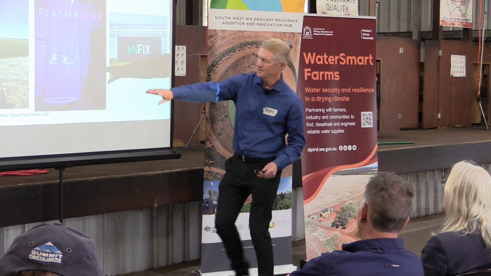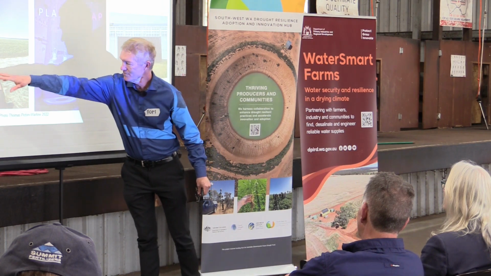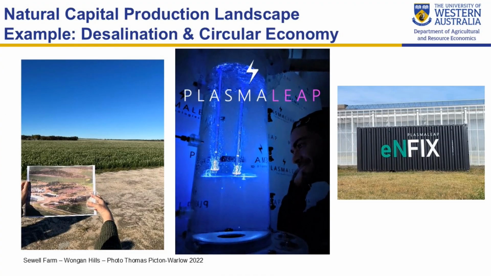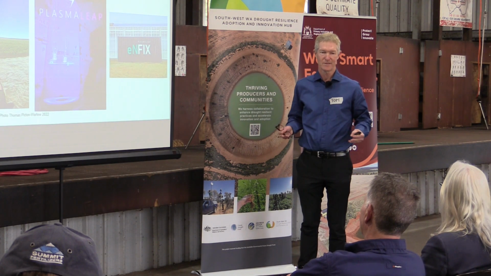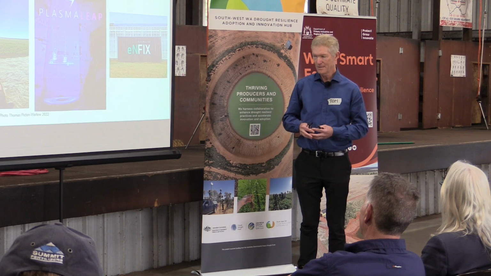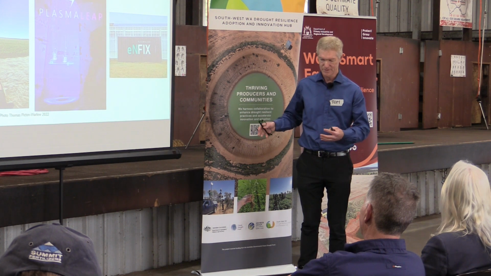So there's a picture there of the before, where the land was saline and unusable, and after, with the cropping reinstated and the land now productive again. I think that's a great example of using natural capital to drive an outcome.